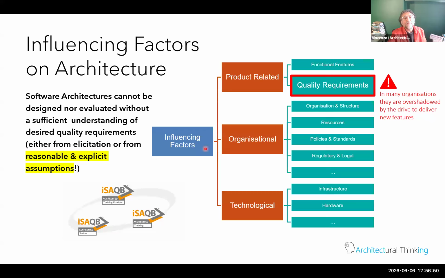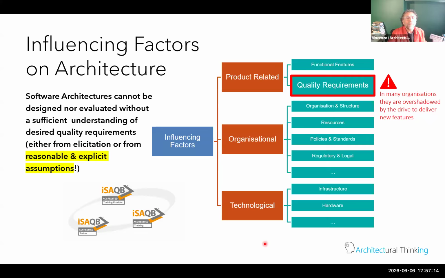But there are other influencing factors that influence the architecture, organizational factors. In the training course, we'll talk about Conway's law, for example, and technological factors. I mentioned already, for example, if you as an organization are already bound to use a tech stack, then that becomes a constraint for you, and that also has an impact on the architecture, obviously.